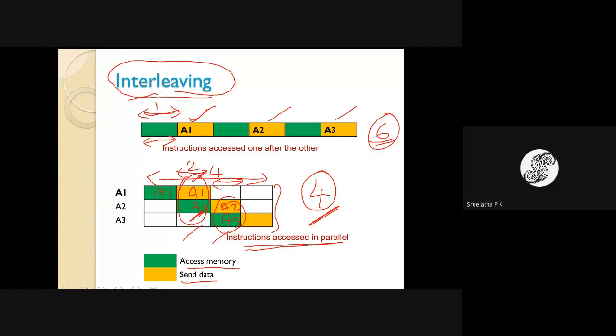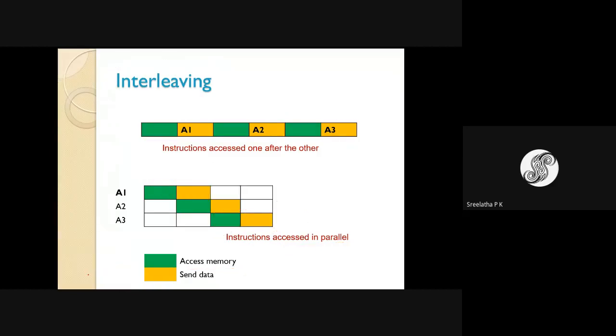Here you're accessing word 0 and retrieving its data, while at the same time word 1 is being accessed. In the next clock cycle, word 1's data is being retrieved, meanwhile word 2 is being located.